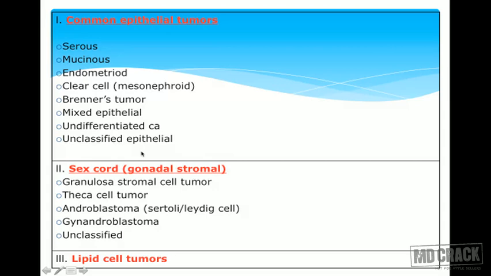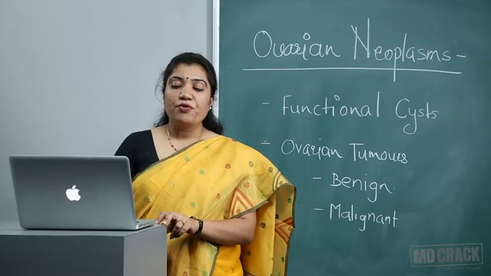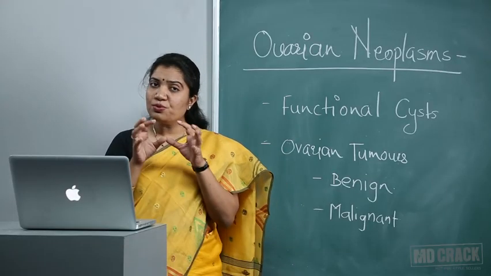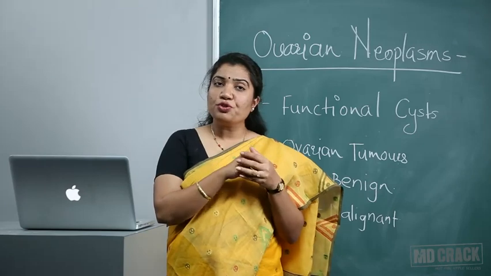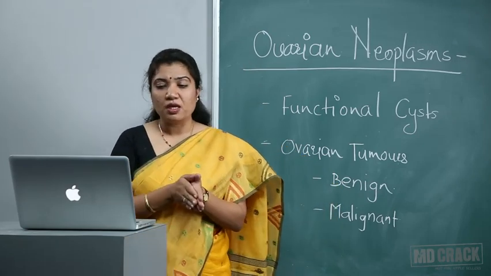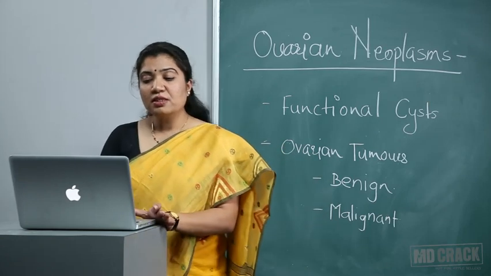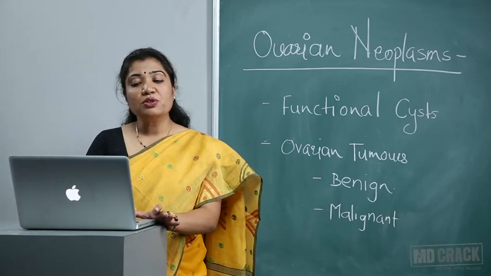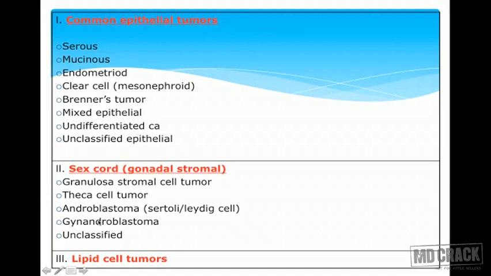Then coming to the sex cord, there is granulosa stromal cell tumor and theca cell tumor. And from the Sertoli or Leydig cell, as you know, the embryology of the ovary tells us that it has the capacity to develop into Sertoli Leydig cells as well. So once the tumor starts forming, there can be even Sertoli and Leydig cell tumor, that is called androblastoma or gynandroblastoma.